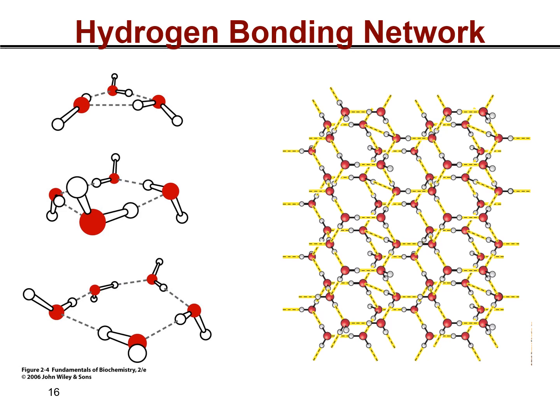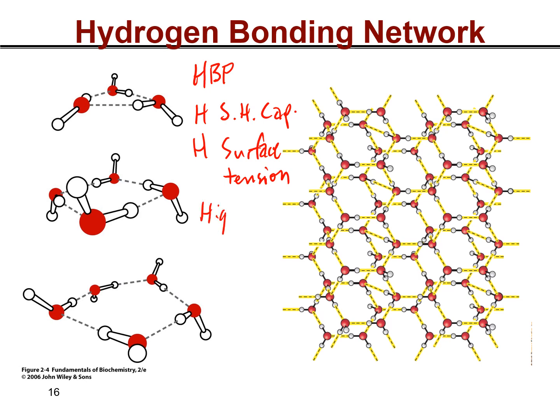Now, it's this hydrogen bond network that does a number of things. It gives water tons of unique properties like a high boiling point, high specific heat capacity, a high surface tension, a high melting point.